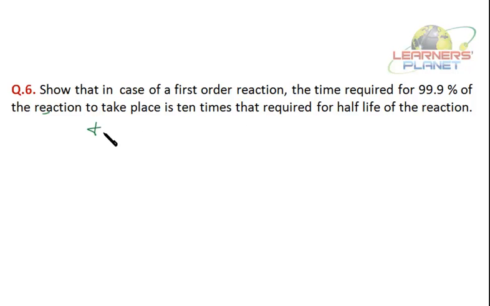That is, it is saying that T 99.9% completion is equal to 10 into T half, right? So what you have to calculate first is the time for the 99.9% completion. Okay, now we can't calculate the time because we don't have the rate constant with us.